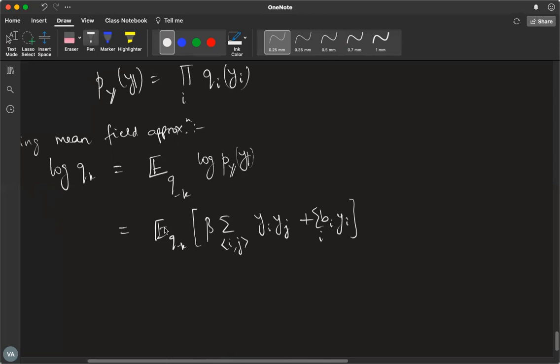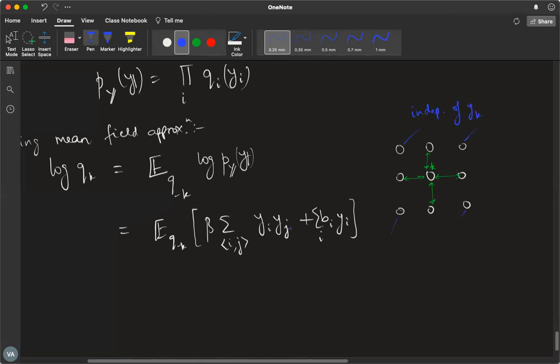So when you take expectation, you remember that you have, let us say, these lattice sites, and other lattice sites are also there. Let us say this is my k. If this is my k, then only these 4 neighbors are affected, and rest everything is independent of k, independent of yk, right?